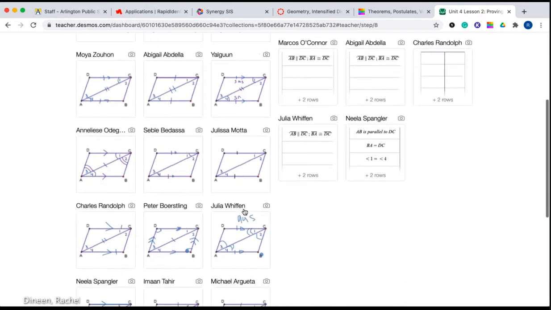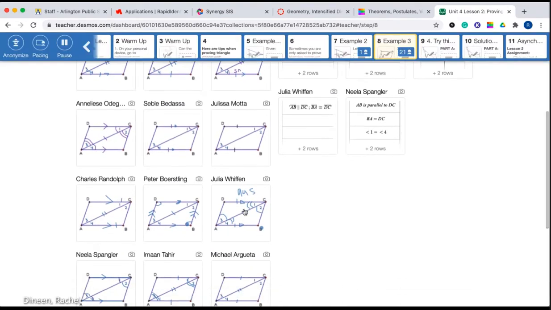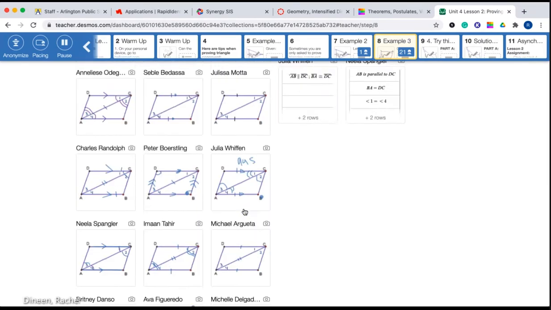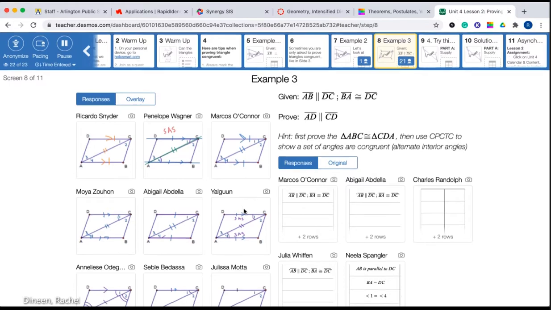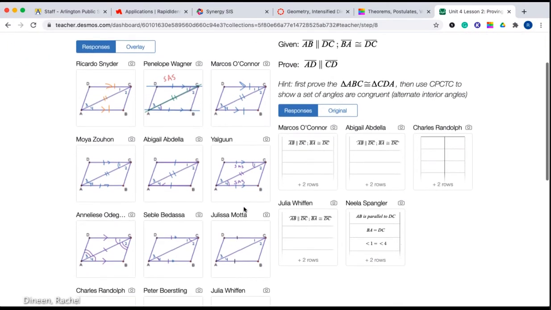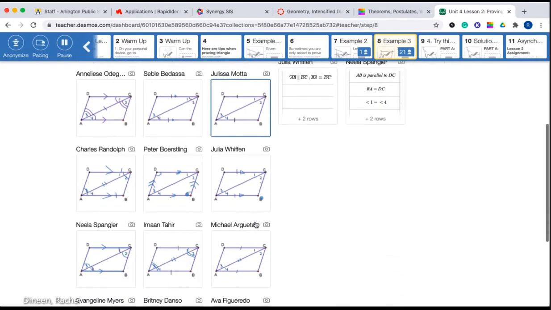All right, looking at the diagrams, I see a lot of good markings, and then I see some that I want to point out that are not correct yet. Okay, so let's see.